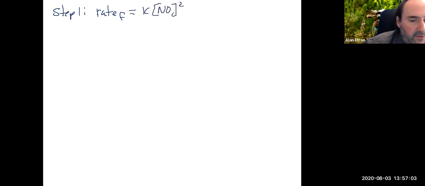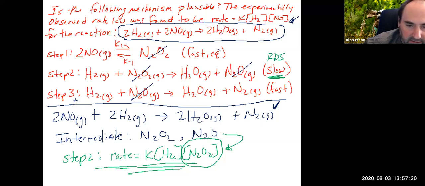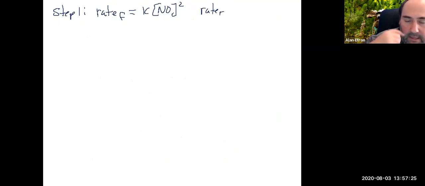Again, this is the only place where we can use those coefficients as the exponents. We could also write a rate law for the reverse reaction. So again, this is a reversible reaction that reaches equilibrium, which is what that means. It's going to reach chemical equilibrium. So if we do it for the reverse reaction, what that means is our products will become our reactants. So we will get K times N2O2.